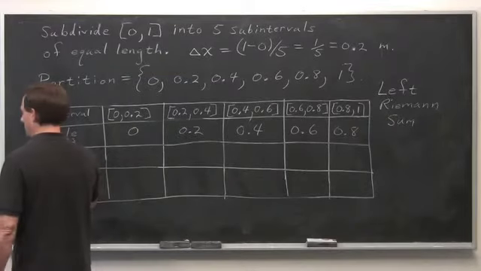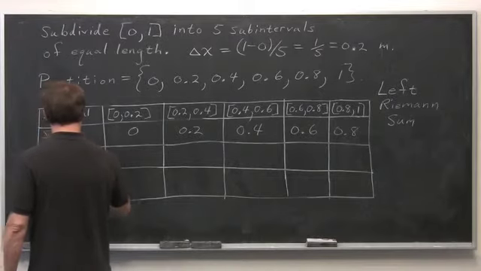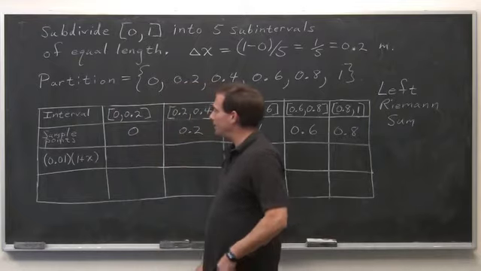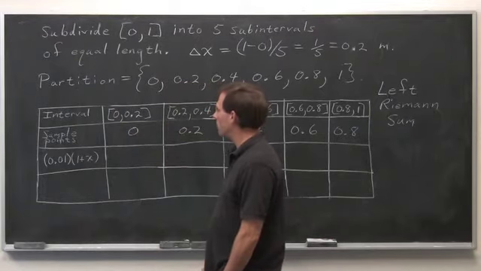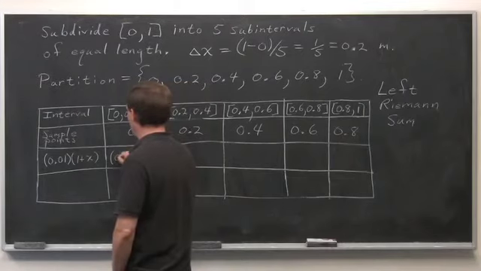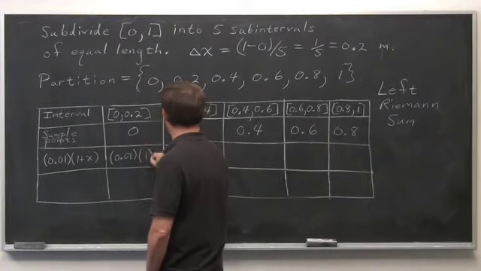So here we'll take 0.01 times 1 plus x, but I'm going to evaluate that at these sample points. So what do you get? You get 0.01 times, you plug in x as 0, so you just get times 1.